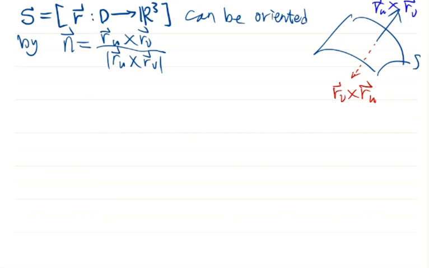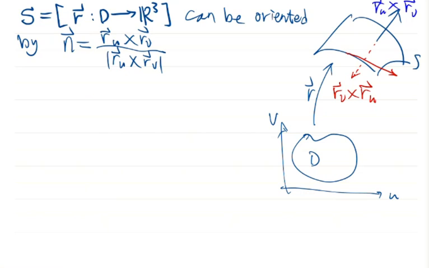So how about the boundary of the surface, the orientation of the boundary? We want to determine the orientation of the boundary. This surface is the image of R from D in the uv plane.